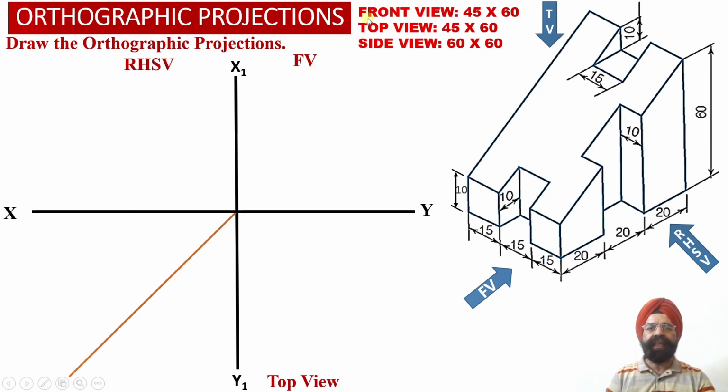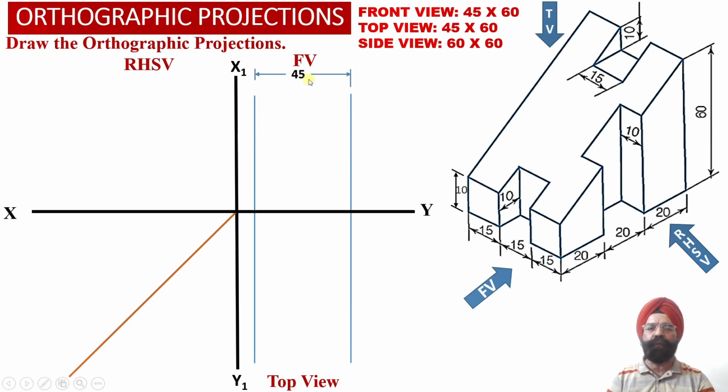Now we know that the front view face of the solid measures 45 millimeter width and 60 millimeter height. Into the front view orthographic projections, we are going to draw 2 vertical projector lines in such a way that they are separated by a distance of 45 millimeter, which is the width of the solid.